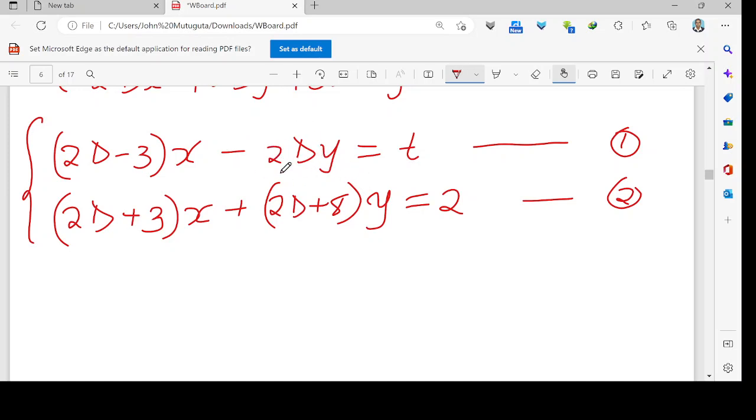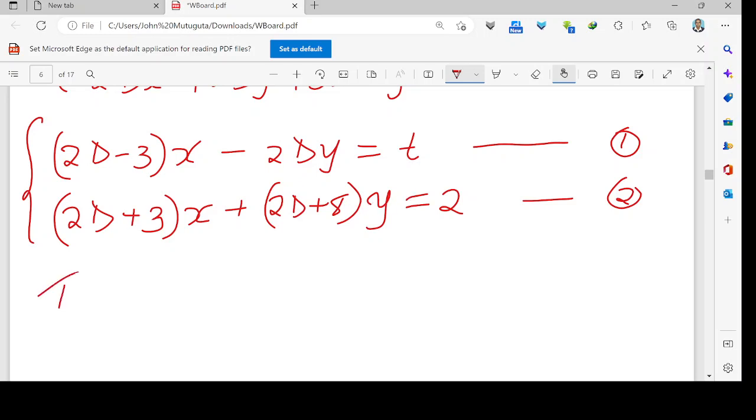The coefficient here is an operator, 2d plus 8. So if we want to eliminate y, we need to make the coefficient the same. So we operate the second equation with 2d and the first equation with 2d plus 8.